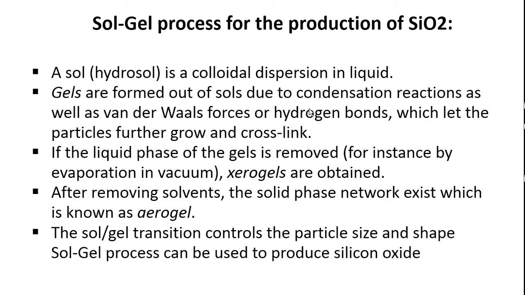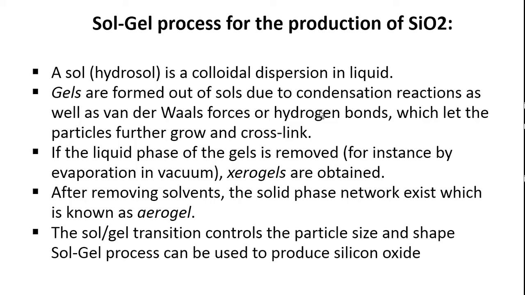And if you are asked to explain the sol-gel process with 10 marks and then explain briefly the production of SiO2 with 5 marks, that is 15 marks for the same question. In that case, you have to write the whole sol-gel process which I have given in the notebook. Of course, each and every point, like what is meant by gel, what is sol, how gels are formed, how it converts into aerogel, and each process with a small schematic diagram.